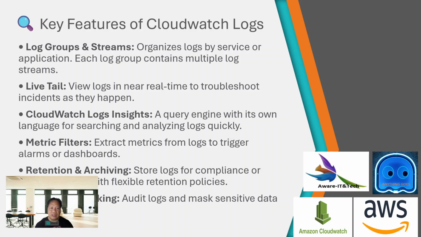So it has log groups and streams. It has Live Tail, which views logs in near real time. So what's happening, you can see that in Live Tail. And then we have CloudWatch Logs Insights, which we can use to query. Metrics and filters, you have two sets of that: the custom and the default.